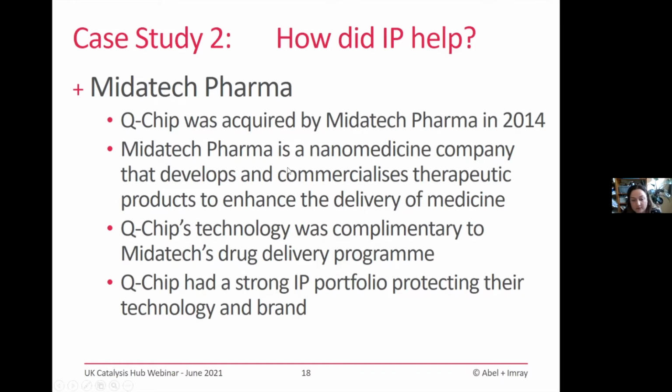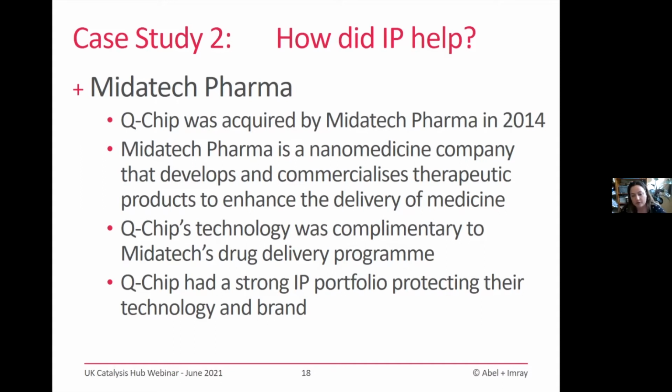They had well-drafted patents, so that clearly defined what technology was protected, which makes it easier for the acquiring company to identify what's protected and assess that value, and also assess the risks that they might be exposed to. Having this trademark as well also allowed the acquiring company to further build on the brand identity.